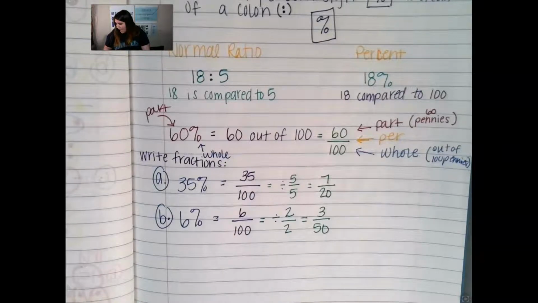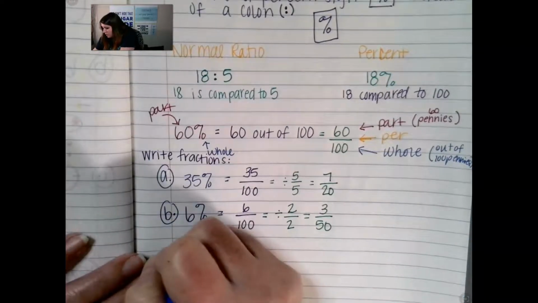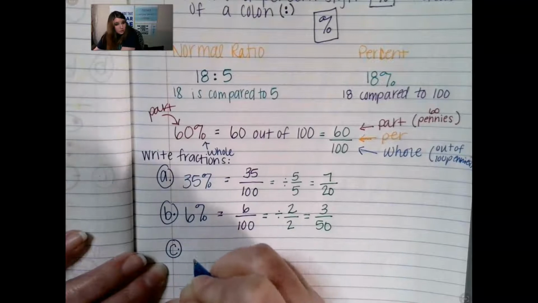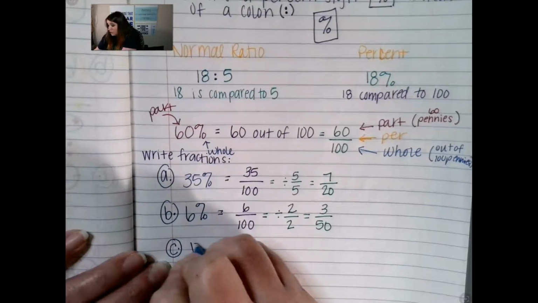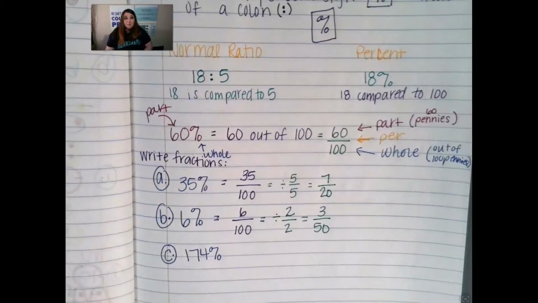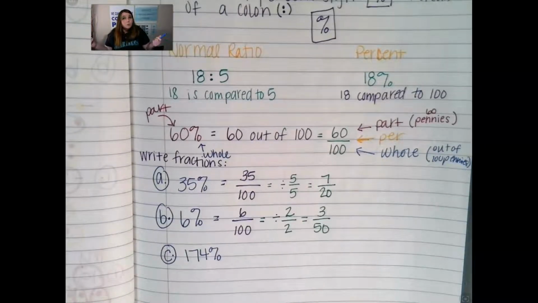Okay, let's look at one last problem. If I had a percentage like 174%, this means that I have more than 100%, right? So if I have more than 100%, I have a greater fraction, so my fraction becomes improper.